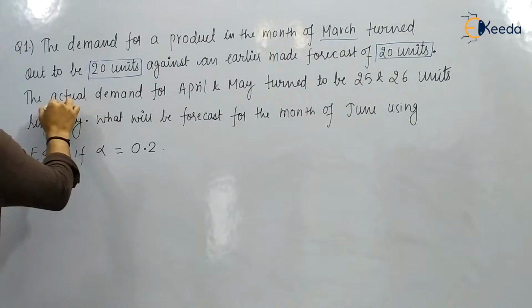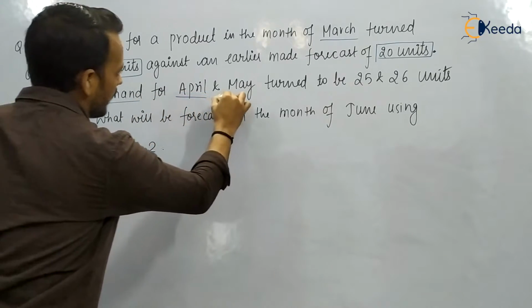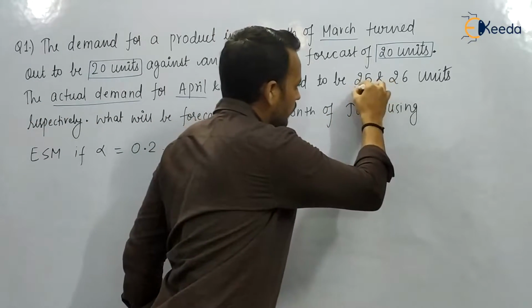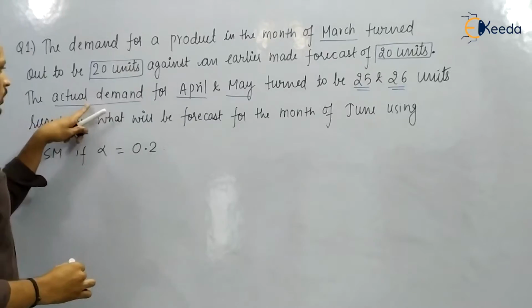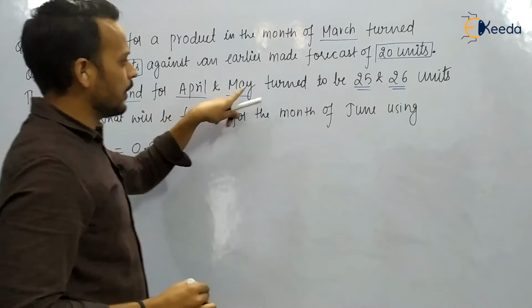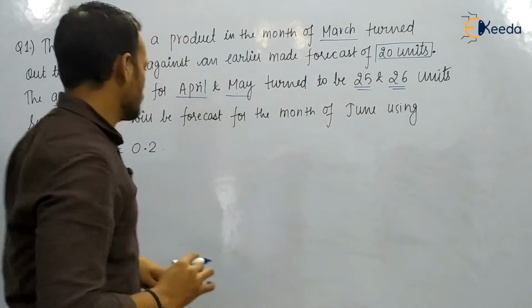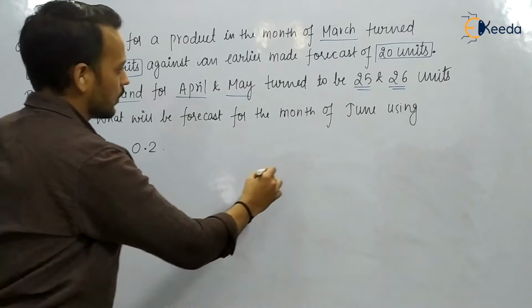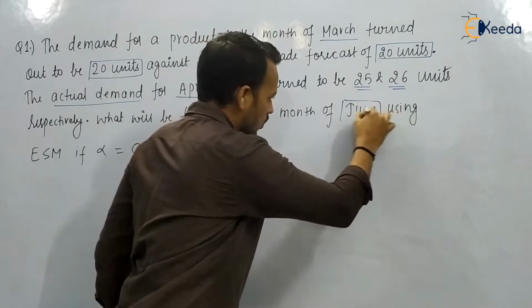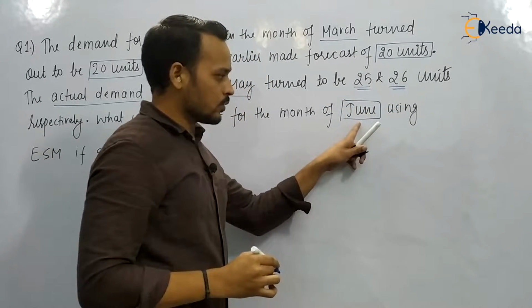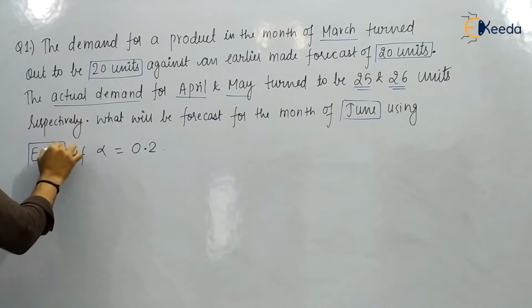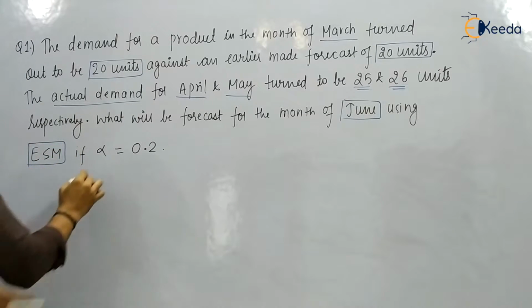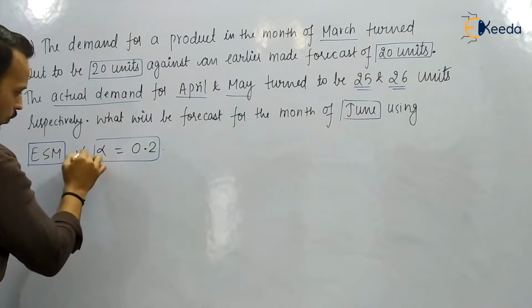The actual demand for April and May turned out to be 25 and 26 units respectively. They are asking what will be the forecast for the month of June using ESM, the exponential smoothing method, if alpha is 0.2.